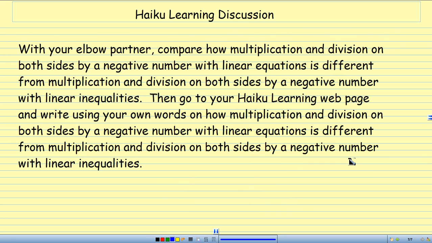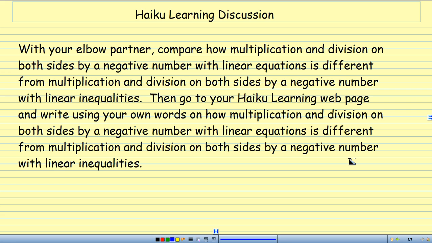All right. So you have your Haiku Learning discussion that you need to complete. It's your ticket out the door. So with your elbow partner, compare how multiplication and division on both sides by a negative number with linear equations is different from multiplication and division on both sides by a negative number with linear inequalities.